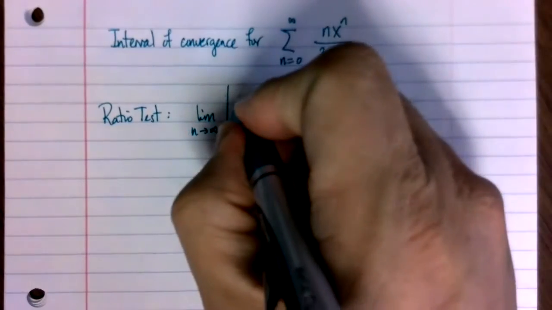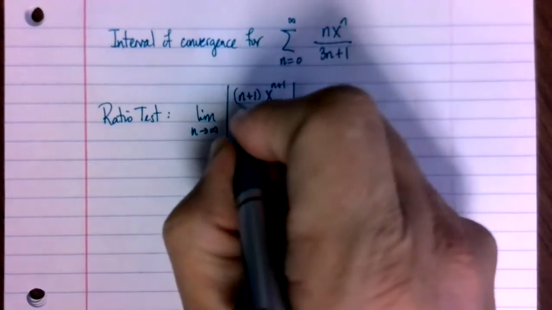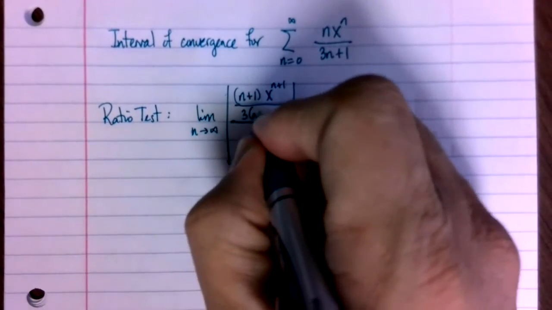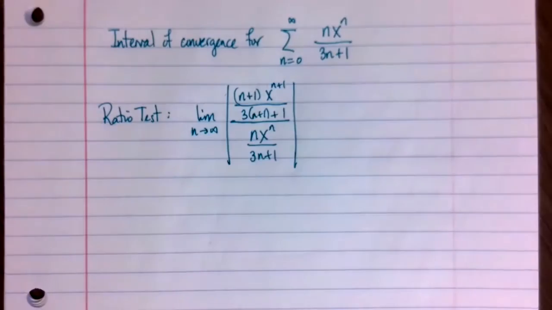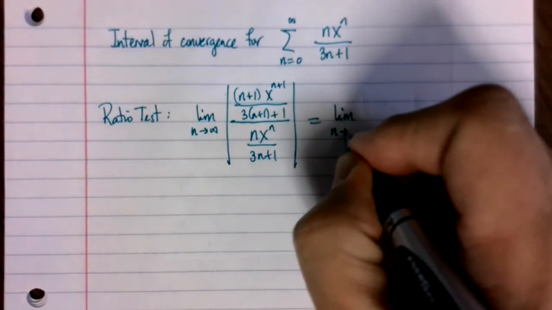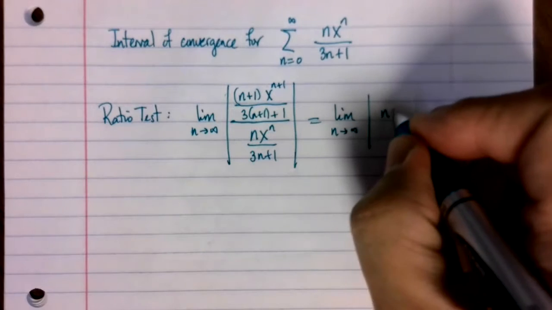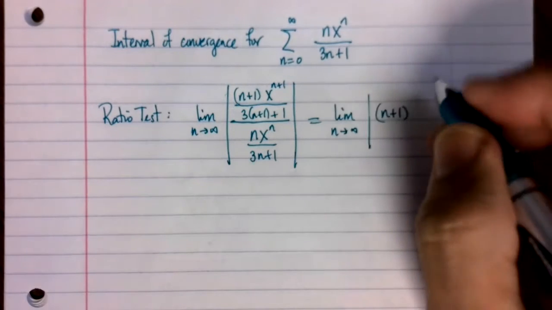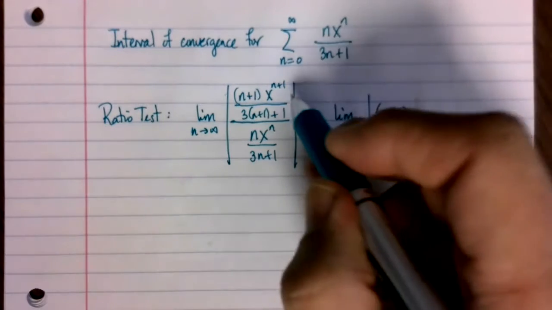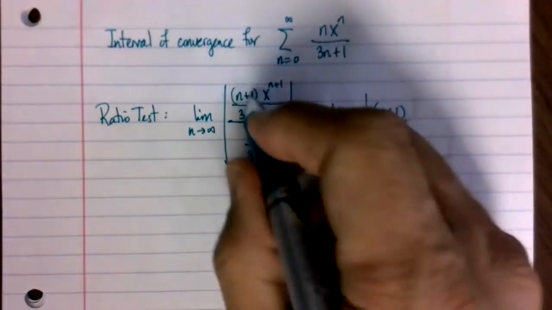And the numerator, I'll have the same thing, except everywhere I see an n, I replace it by n plus 1. Written another way, we have n plus 1 over n.